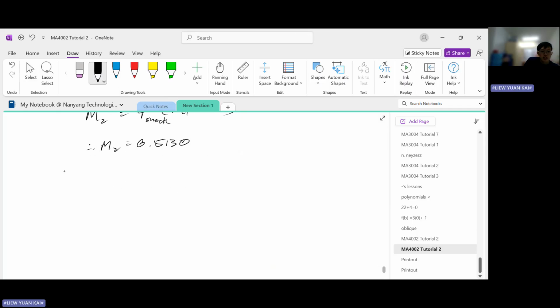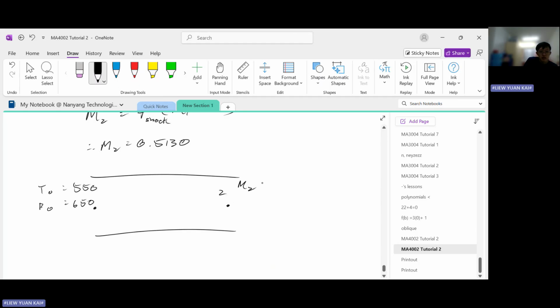So what this is telling us is that the new problem is like this. We have the stagnation conditions, which are the same as before. So T naught is equal to 550, P naught is equal to 650. And then point 2 has a Mach number of 0.5130. The question is, what is the pressure here?